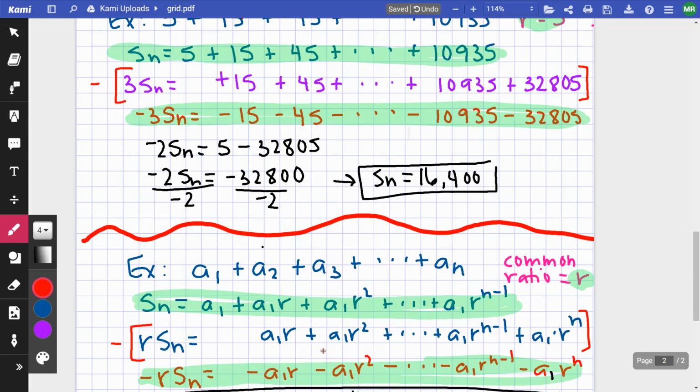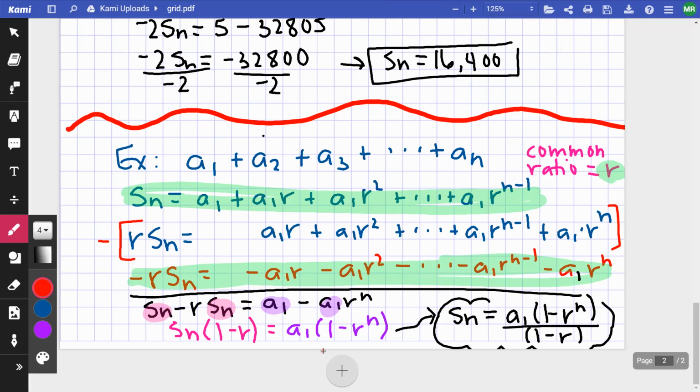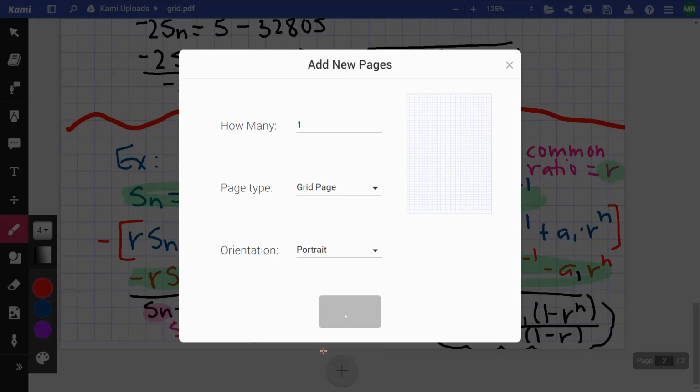So I am going to add in on the next page this formula.